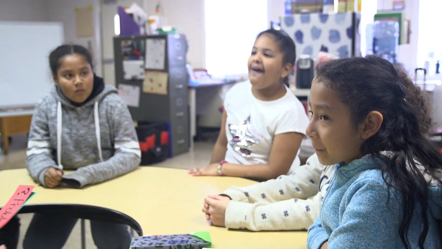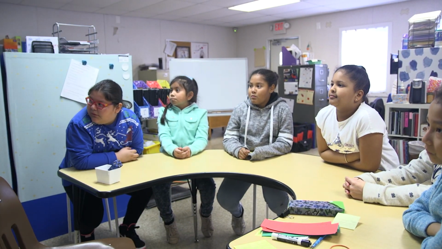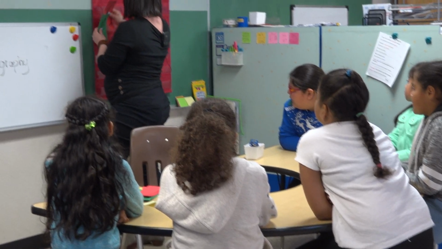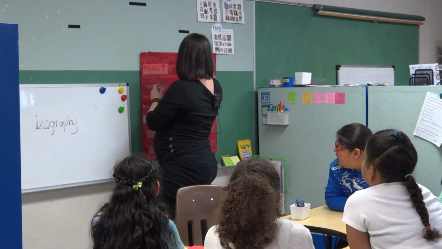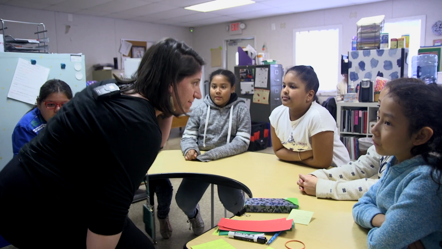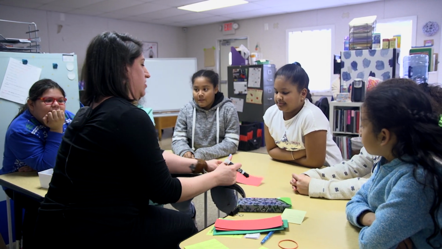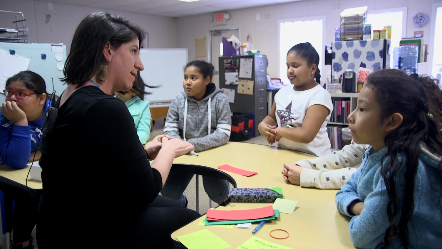Yeah, exactly. So there's a problem. And the problem, like Marjorie just said, was that they didn't have very good quality food. Like they didn't have fresh fruits and fresh vegetables, right? So I'm going to write that on a red sentence strip because we're going to write problems on a red strip.